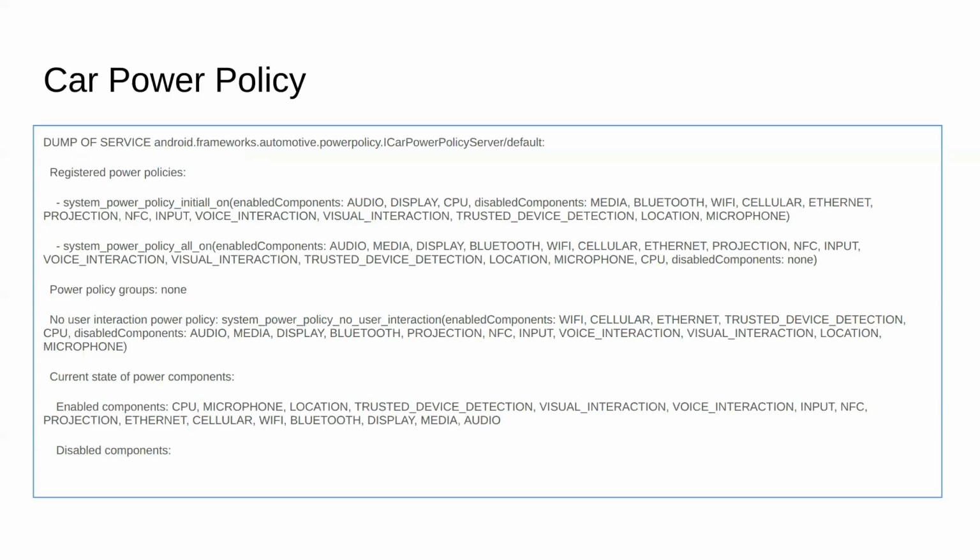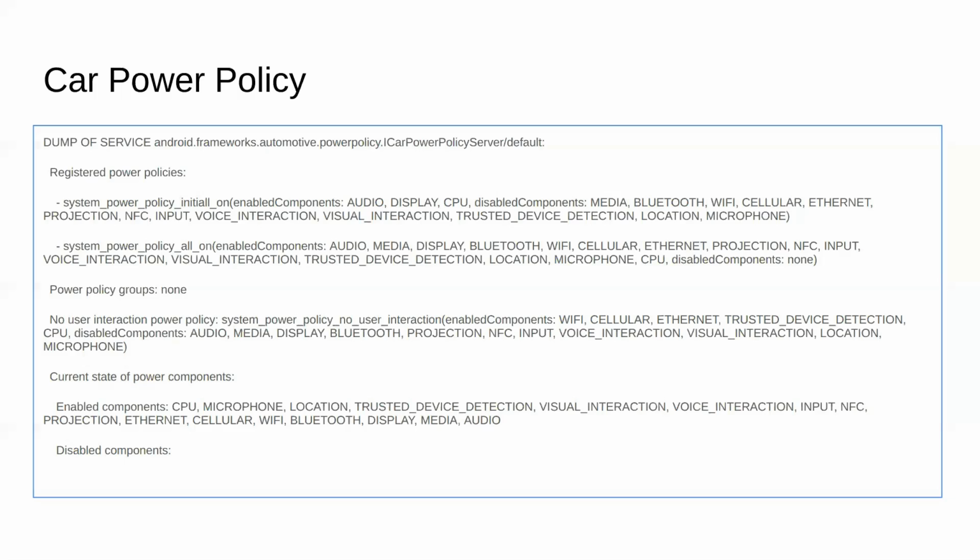The OEMs can actually define the power policy for the vehicle, and a lot of issues that we encounter are like Wi-Fi is not supposed to be on at this point of time, but Wi-Fi is still on, or Bluetooth was not supposed to be on at this point of time, Bluetooth is still on. So these kind of issues are something that we encounter every day with a lot of our customers.